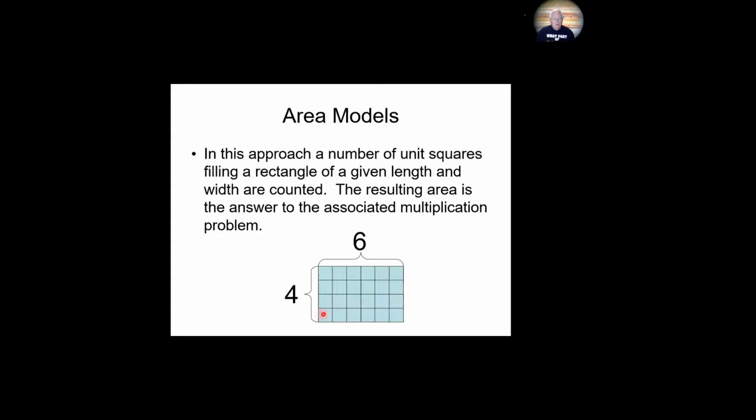Every subsequent row now, we're going to reinforce skip counting. And so I will show by dragging my pointer across that that's what I'm counting, and then I'll say 18. I'm sorry, 24. My apologies. If we had another row, we'd say 30, 36, 42, and so on.